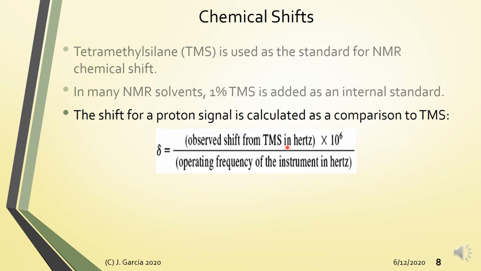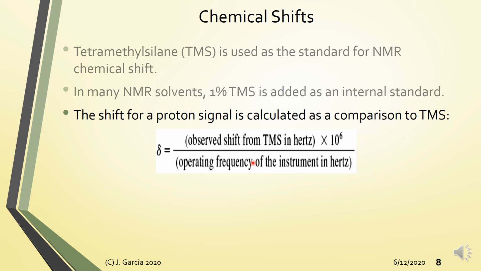So rather than using wave number or wavelengths, what we use here is frequency. So the chemical shift delta is computed as the observed shift of a particular signal of the analyte from the TMS signal in hertz, divided by the operating frequency of the instrument, also in hertz.